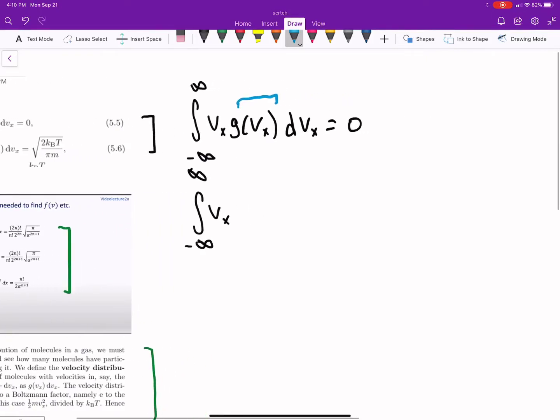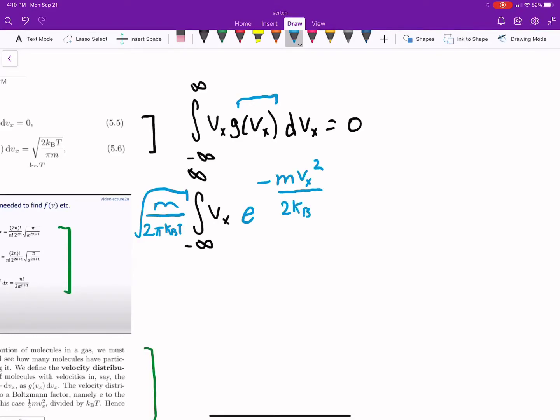So we can put that in. And I'll factor out the constants. So m over 2 pi kBT square root, that's out there. But we still have the e to the minus m vx squared over 2 kBT, dvx is equal to 0.